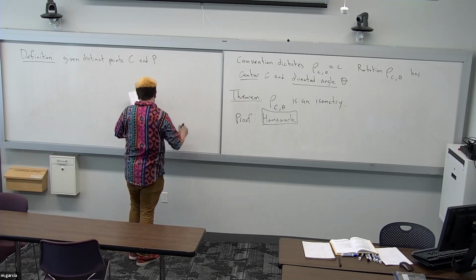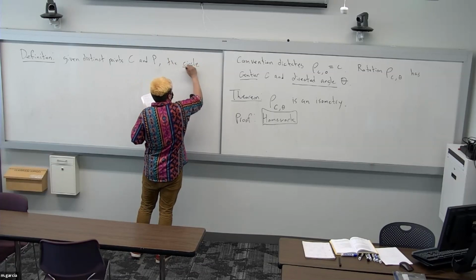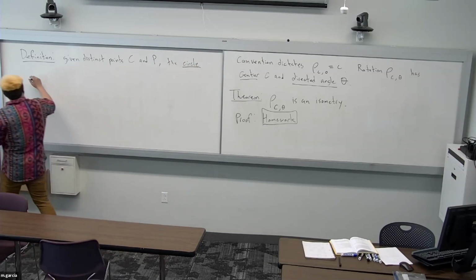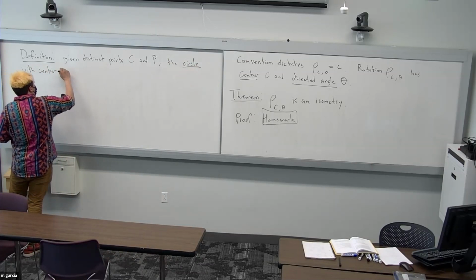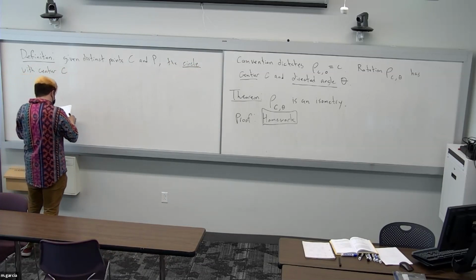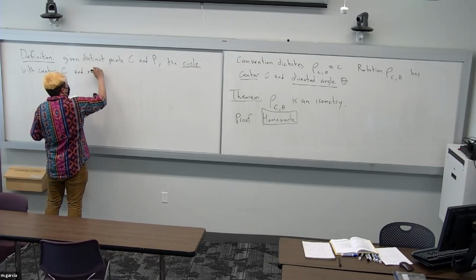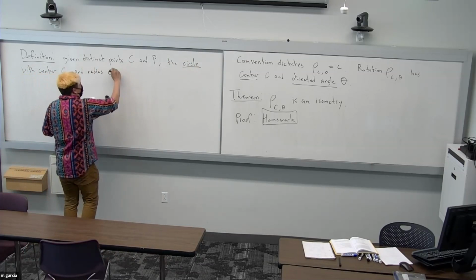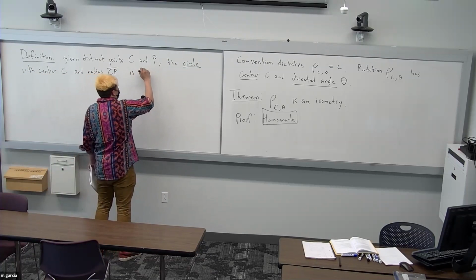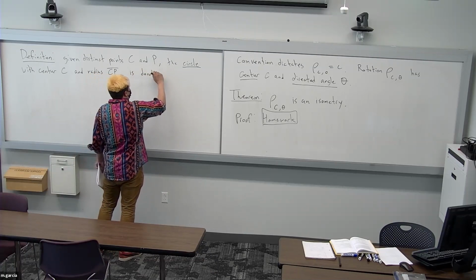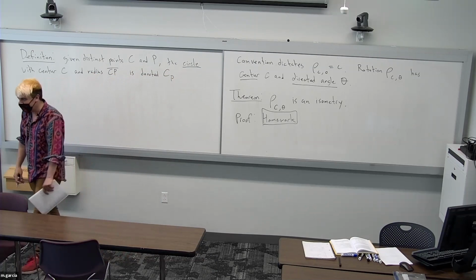For a point P, the circle with center C and radius the distance from C to P is denoted C sub capital P. I hate this.